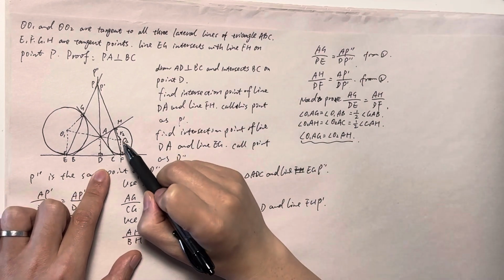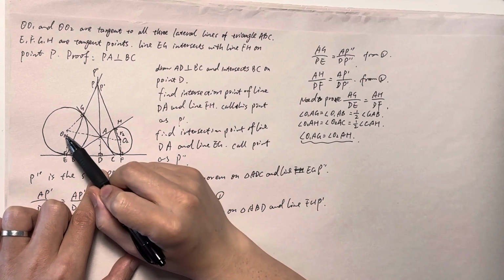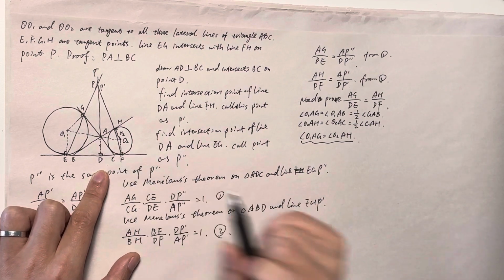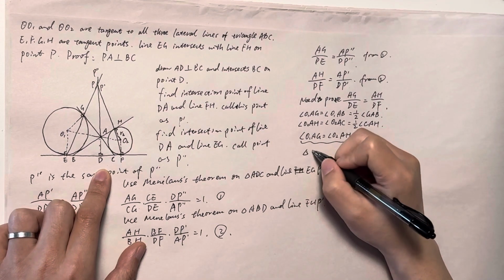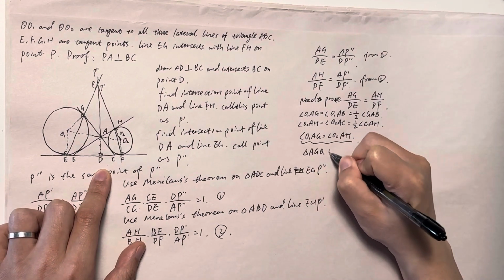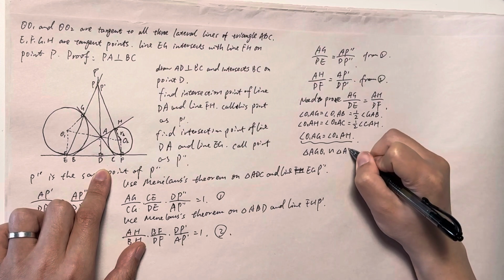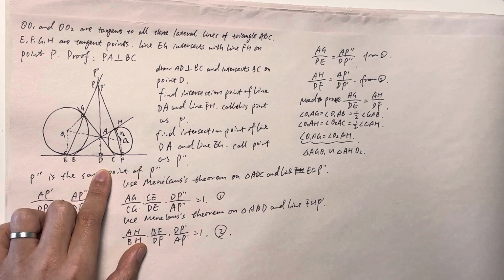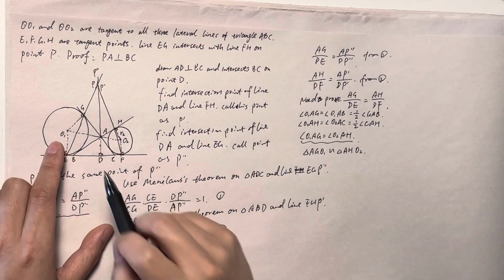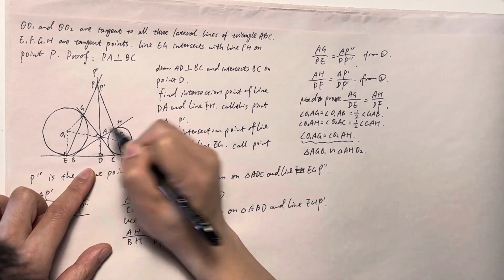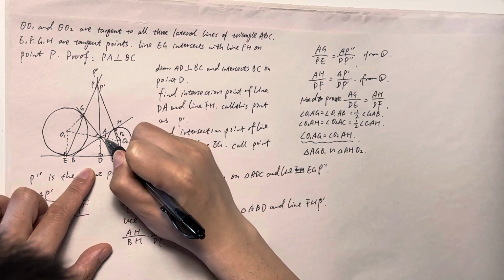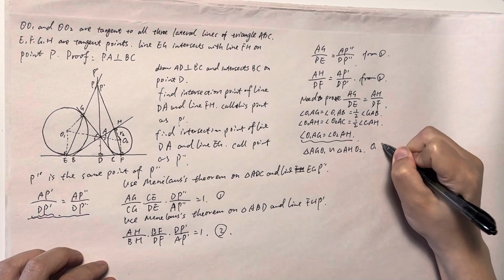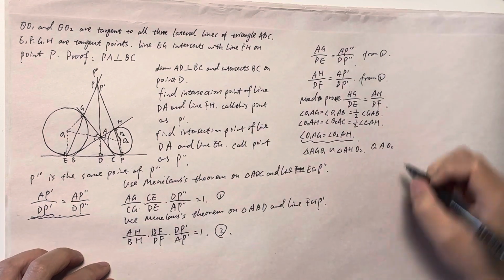And we know angle O2HA and angle O1GA are 90 degrees. So the triangle AGO1 is similar to triangle AHO2. Also, because these angles are all equal, O1, A, O2 are collinear.